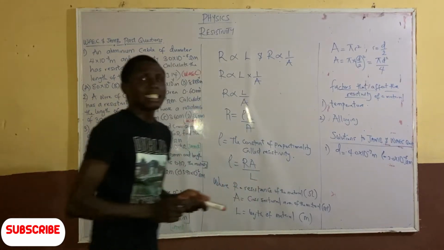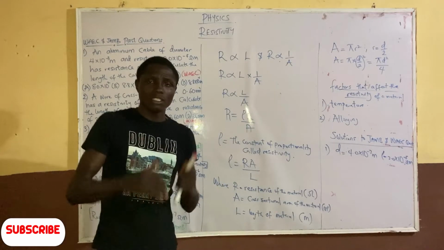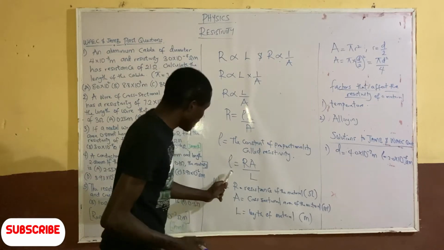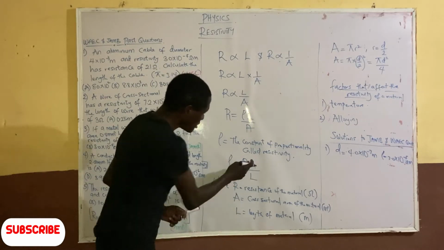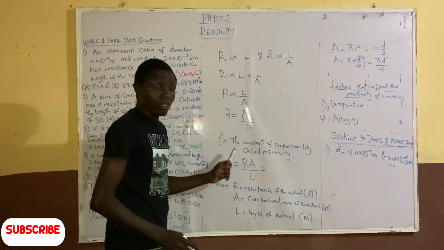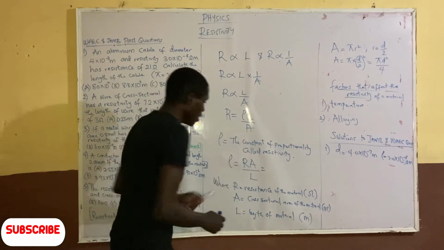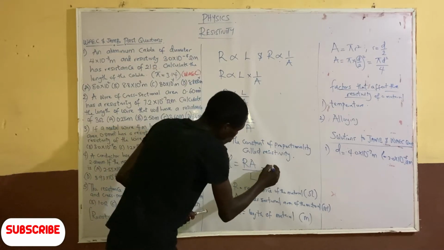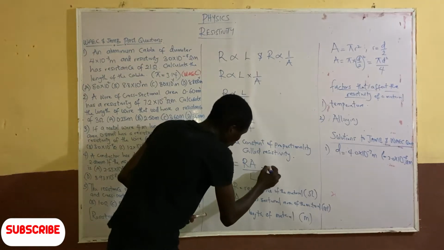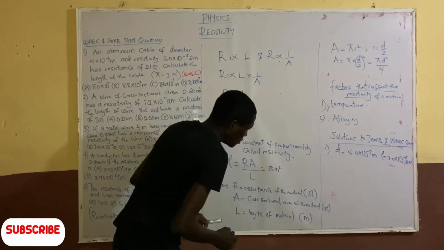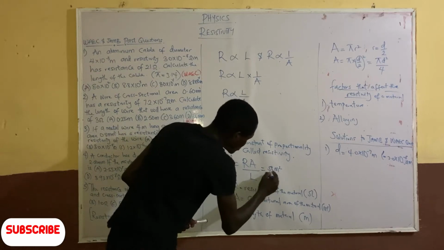Now note the unit of resistivity. From the formula here, we have resistance times area over length, and you can derive the unit of resistivity from this formula. The unit of R is ohm, the unit of area is meter squared, and the unit of length is meter.